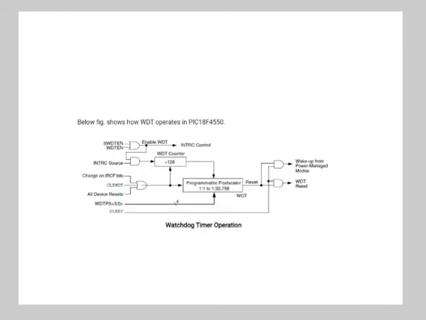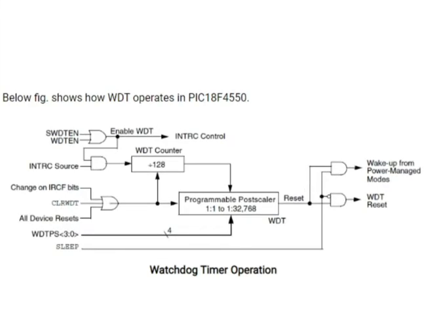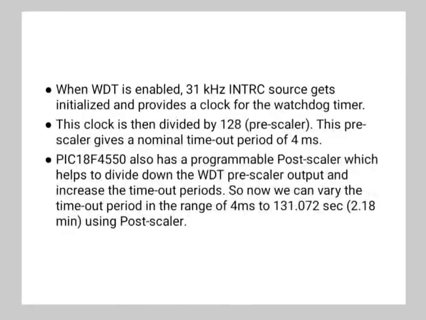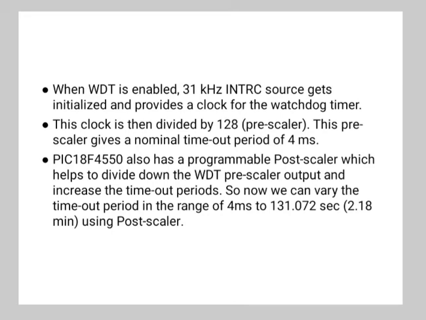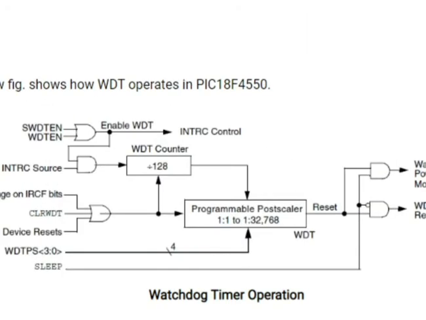Now this diagram shows the watchdog timer operation. It consists of the enable watchdog timer bit, watchdog counter, programmable post scaler, and reset. When the watchdog timer is enabled, the 31 kilohertz INTRC gets initialized and it provides a clock for the watchdog timer. It is then divided by 128, that is the prescaler, as shown in this diagram.